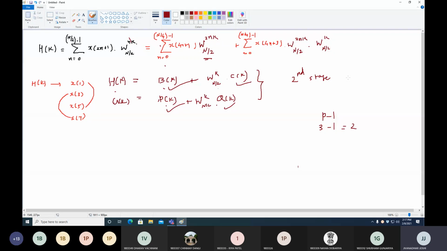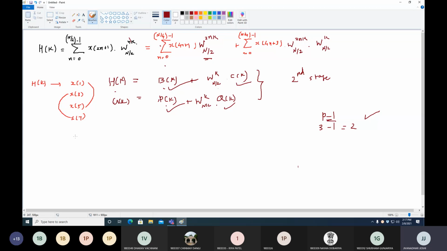So this is your second derivation, and from the second derivation only we are going to find the relation for the third stage. So you don't need to derive again for the third stage. The equations for the third stage are already there in the equations of P of k, Q of k, B of k, and C of k. That's why the total number of derivations required is p minus 1.